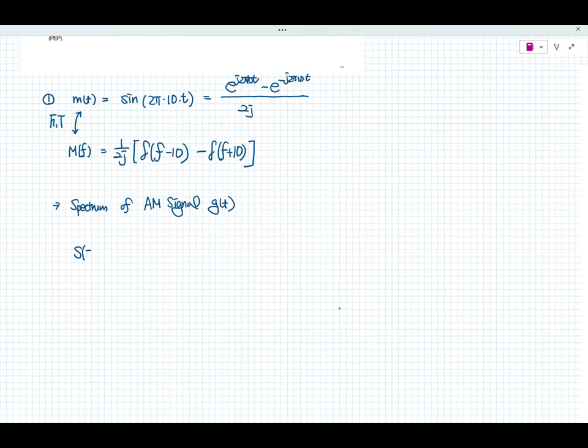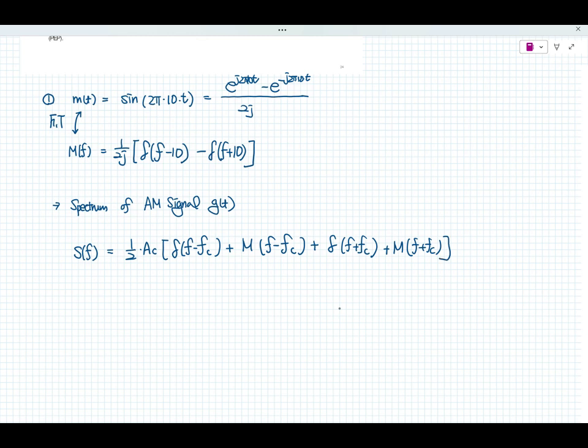We have learned before the spectrum: A sub c over 2 times delta of f minus f sub c plus M of f minus f sub c, plus delta of f plus f sub c plus M of f plus f sub c. I'm going to skip making the derivation again, so you have to go back to my slides and my books. Please read first.